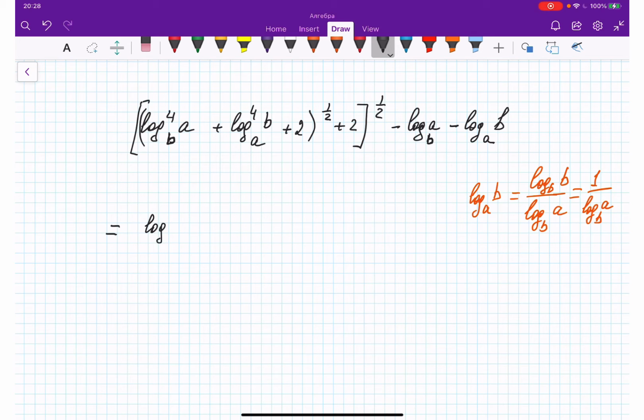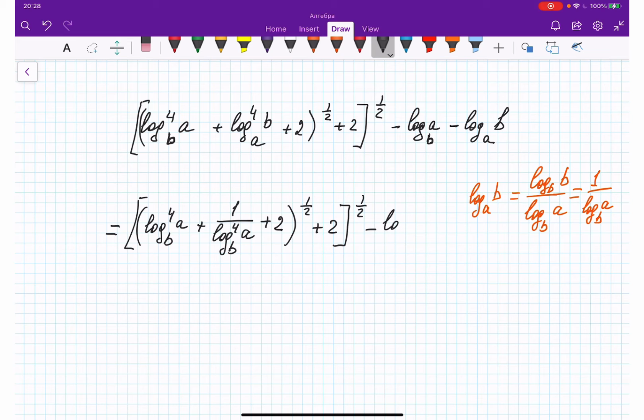So logarithm a by base b to power 4 plus, so I'm changing the base here, it's going to be 1 over logarithm a by base b to power 4, and then plus 2, parentheses, power 1/2, plus 2, square brackets to power 1/2, minus logarithm a by base b and minus 1 over logarithm a by base b.